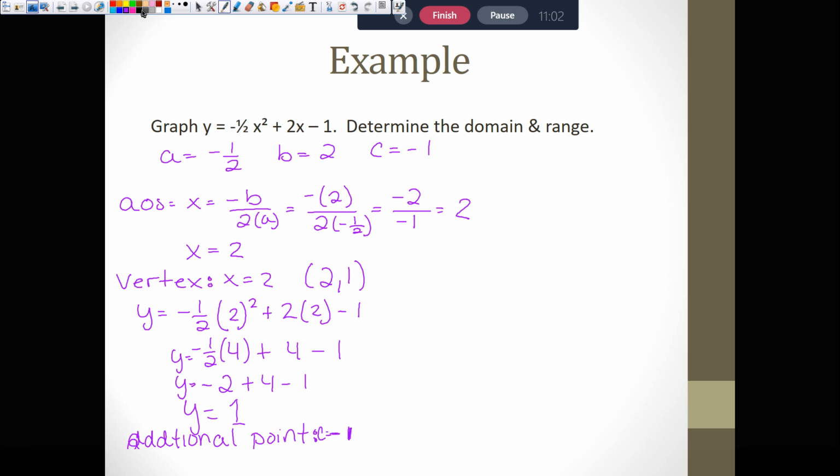Okay, let's graph this. So my axis of symmetry is at 2. My vertex is at 2, 1.